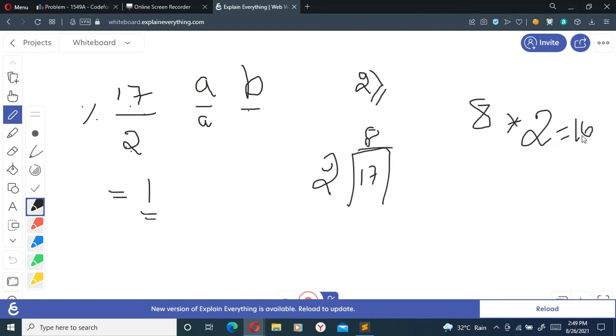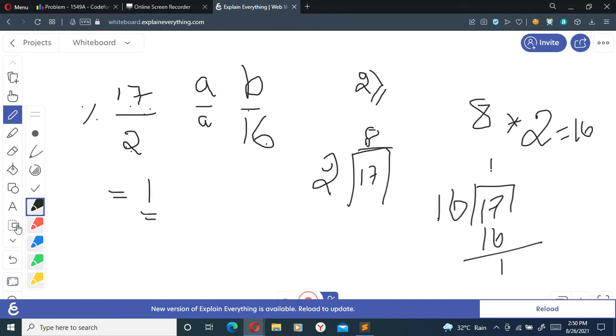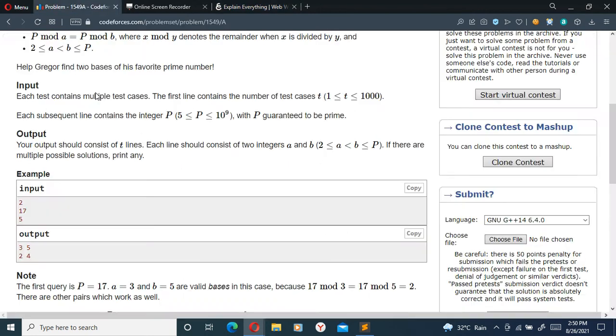This will give me the value 16, and let's see if I take the value of b as 16, whether 17 mod 16 gives me 1 or not. Yes, it is giving me 1 as the remainder, wherein 17 mod 2 and 17 mod 16 both give me 1. So this will be our final answer, that is a is equal to 2 and b is equal to 16.